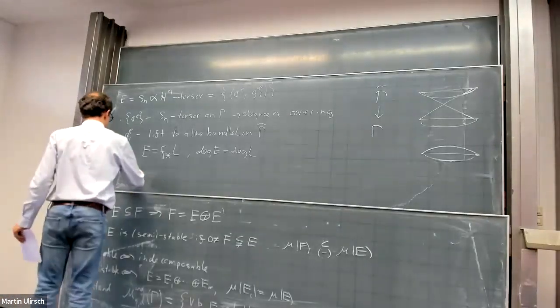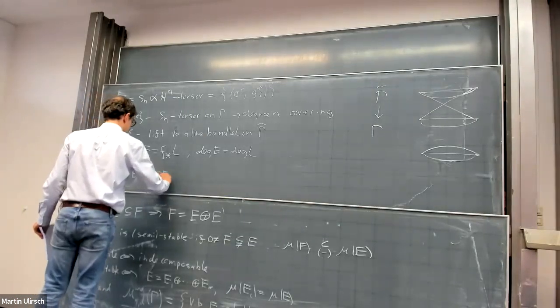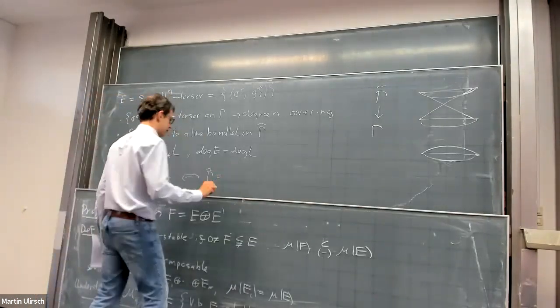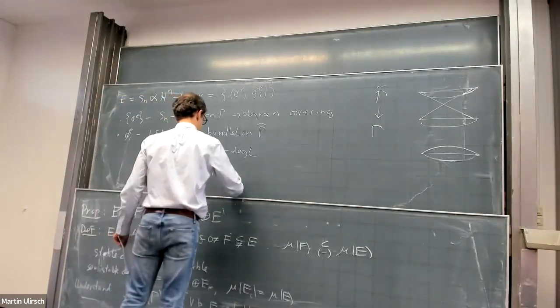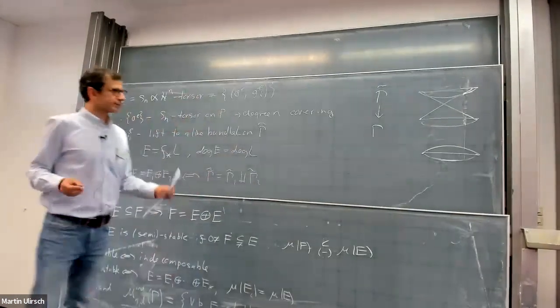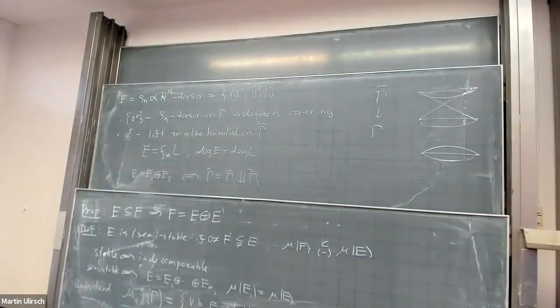And a vector bundle splitting is equivalent to the covering being disconnected. Okay. So if we want to describe the stable, the indecomposable covers, we only look at connected covers.